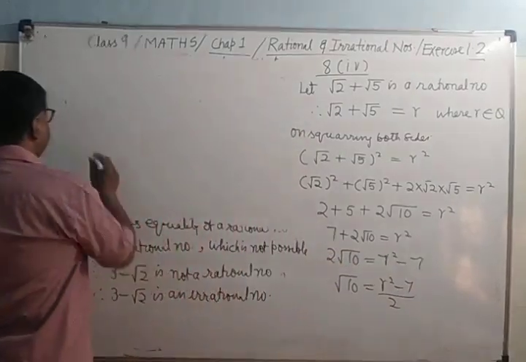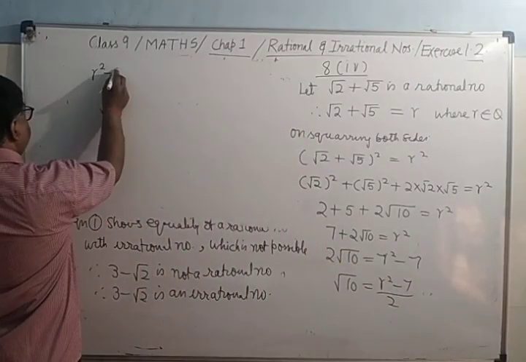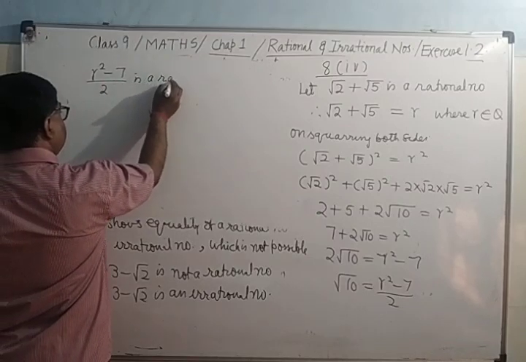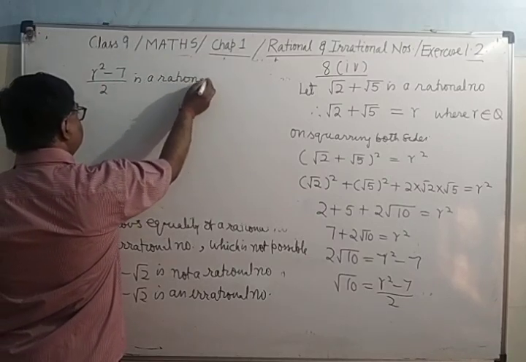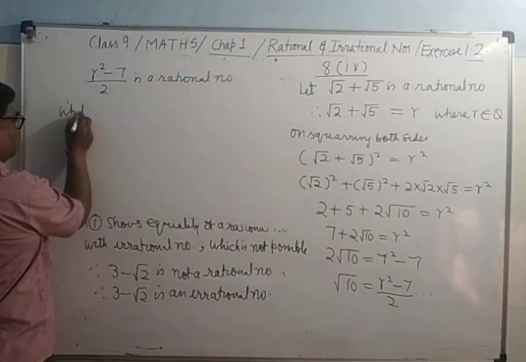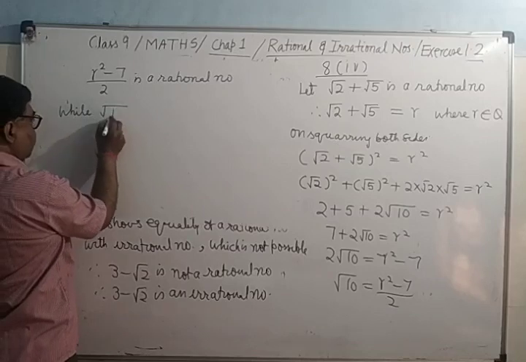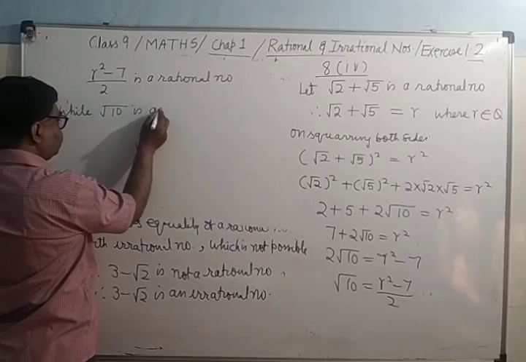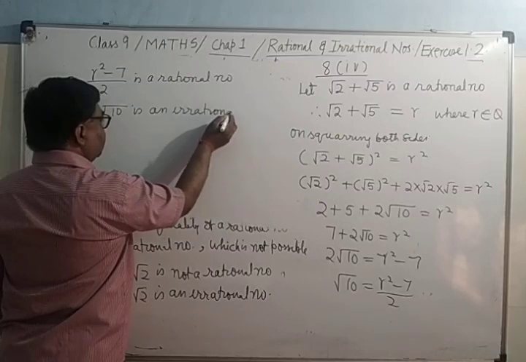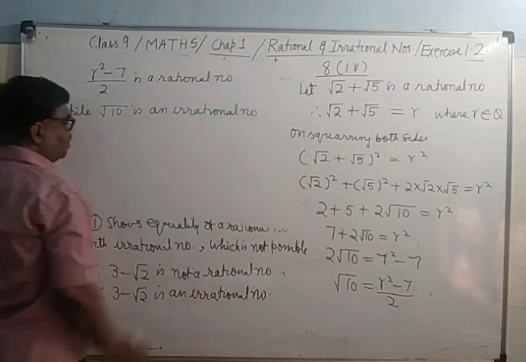So we will write directly that (r square minus 7) upon 2 is a rational number, while root 10 is an irrational number.